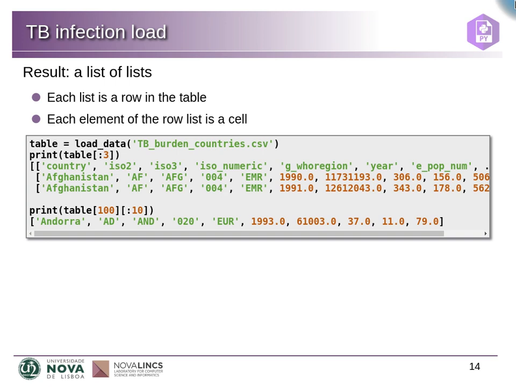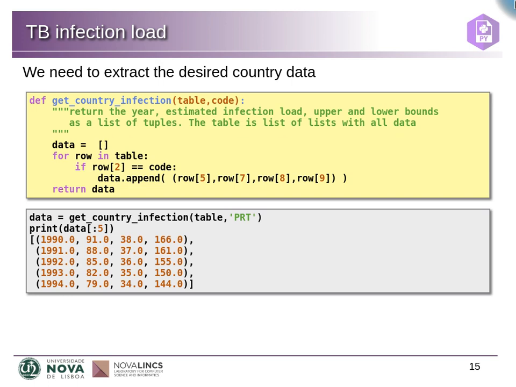The estimate, the lower bound, and the upper bound for the estimate. So basically, what this function does is this: we want the infection load for Portugal from the table, and we get a list of tuples where we have year, the estimate, lower bound, and upper bound only for Portugal. So these are the values extracted for these countries. And we can do this for any country and extract the values.